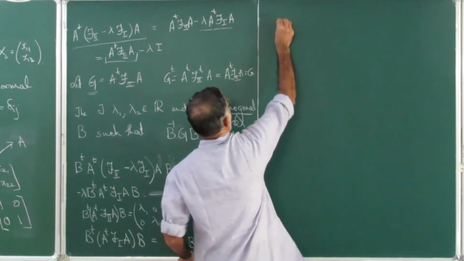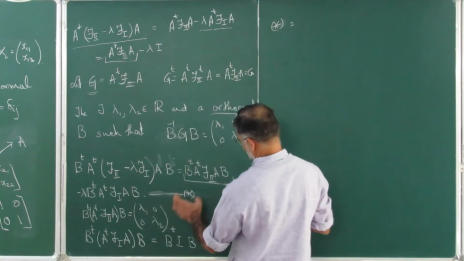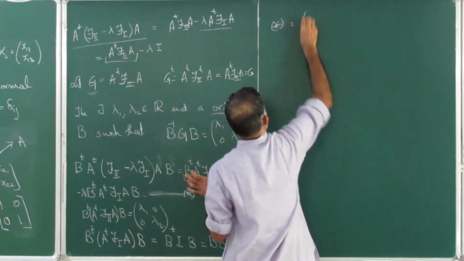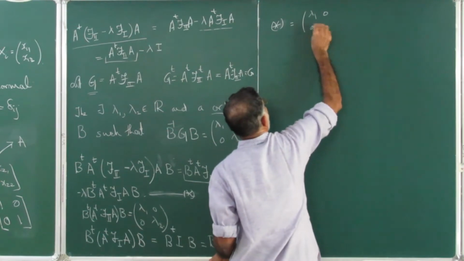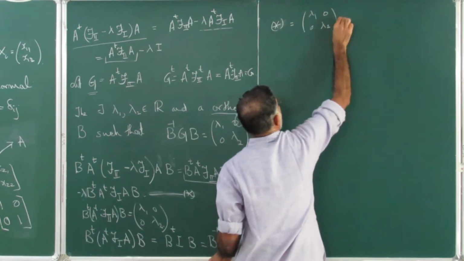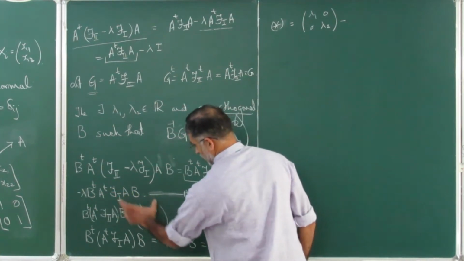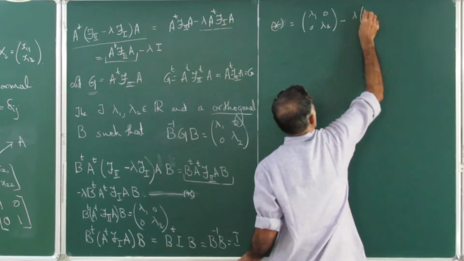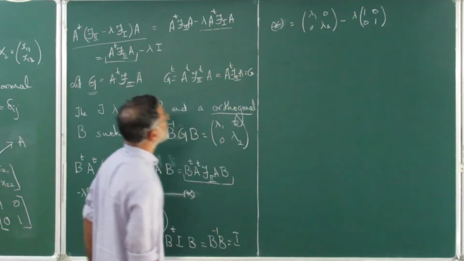So star is equal to the first part, which we have computed: lambda 1, 0, lambda 2, minus this guy, which is lambda times the identity, lambda times 1, 0, 0, 1. So that's what we have got. Okay.